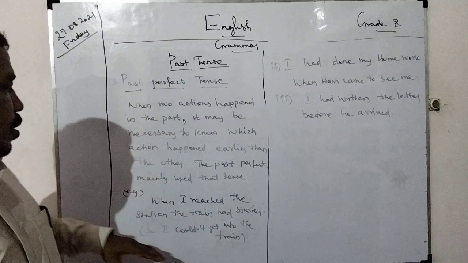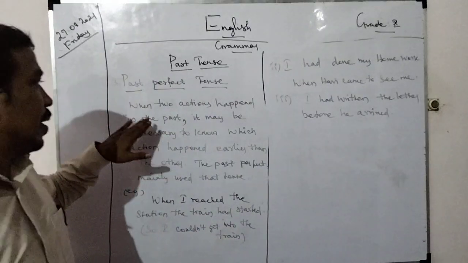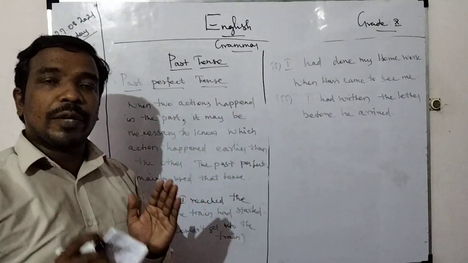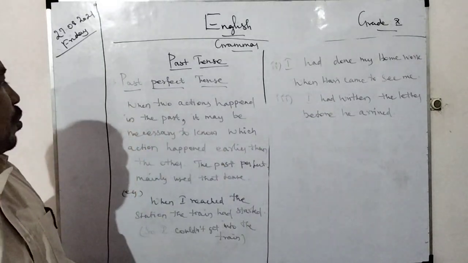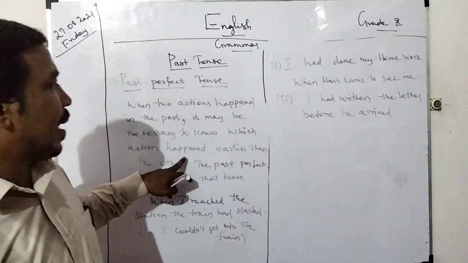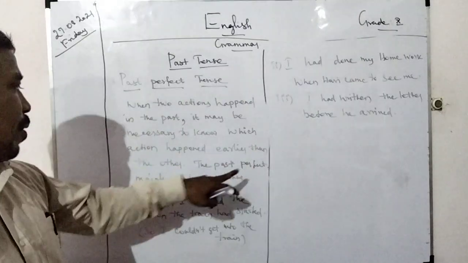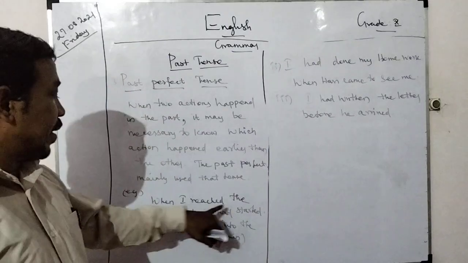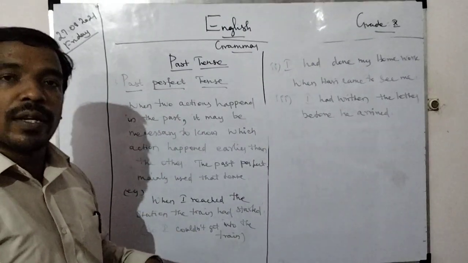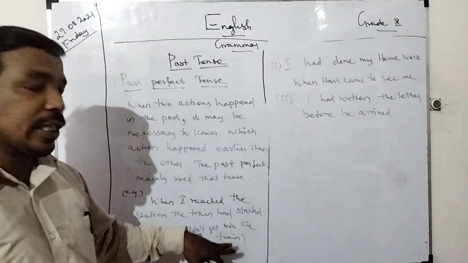Listen, students, what I said: when two actions happened in the past, it may be necessary to know which action happened earlier than the other. The past perfect is mainly used in such sentences. When I reached the station, the train had started, so I could not get into the train.